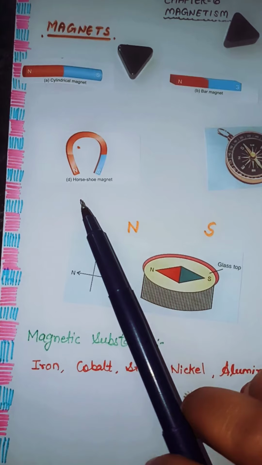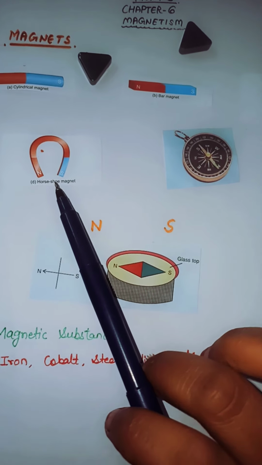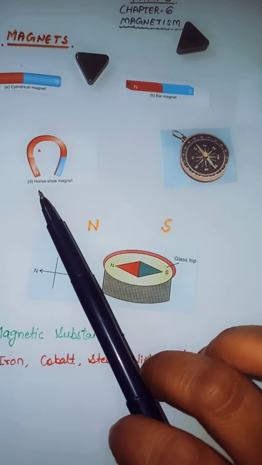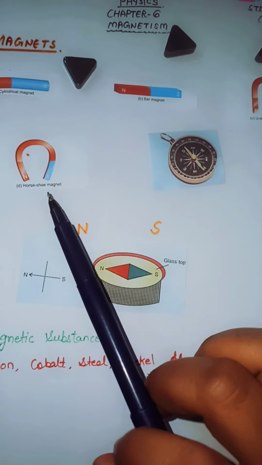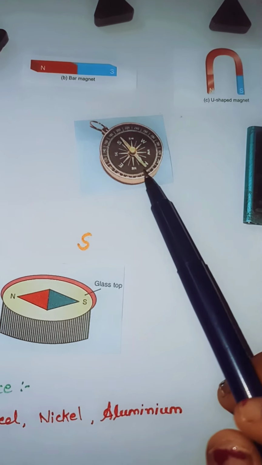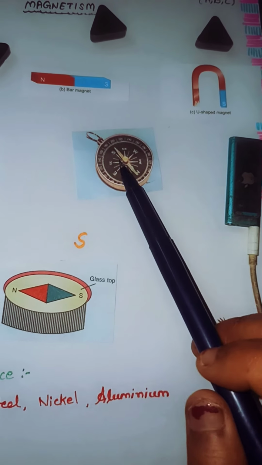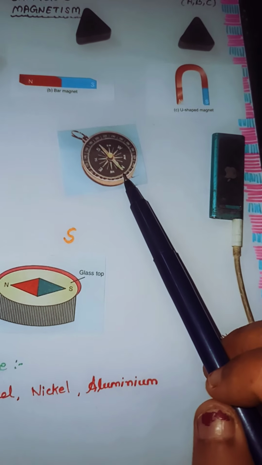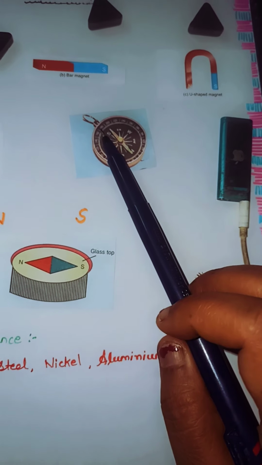There is a slight difference between U-shaped and horseshoe, but actually they both are in the form of the letter U. We also discussed this compass, where there is a needle in the direction of north and south.